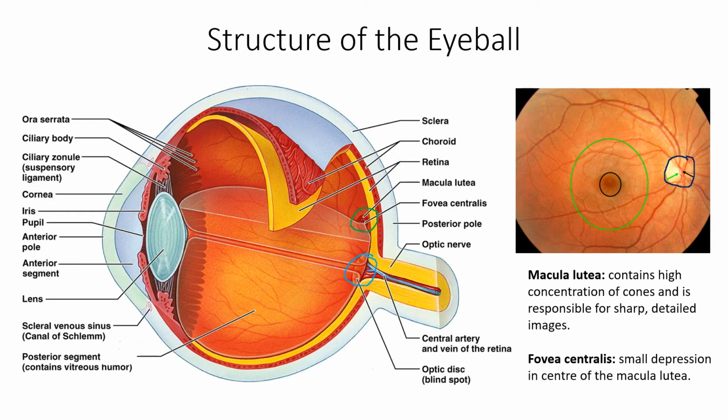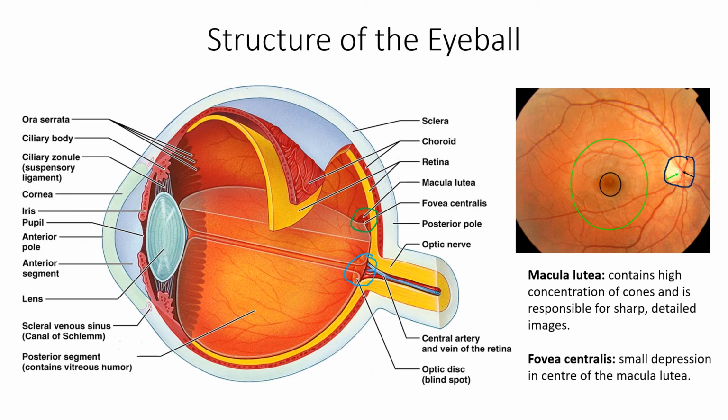Now, the part that's already circled in green is the macula lutea, and the part that is outlined in black is the fovea centralis. And this is a fairly small portion of the eye. So in this image here, we're actually zoomed in quite a bit on the back of the retina.